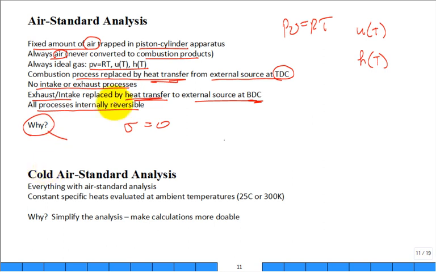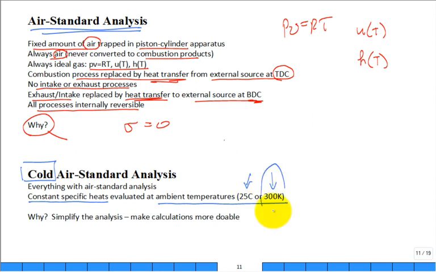If you see the additional word cold in front of air standard analysis, it's everything to do with the air standard with the additional piece of information that you're going to assume constant specific heats evaluated at some ambient temperature. I know 25C is not exactly the same as 300 Kelvin, but either it'll be like this or like that.